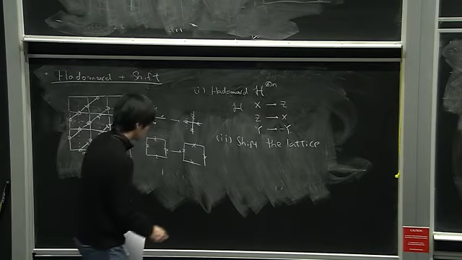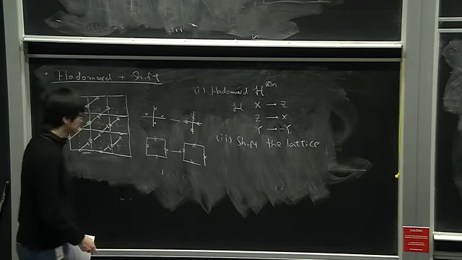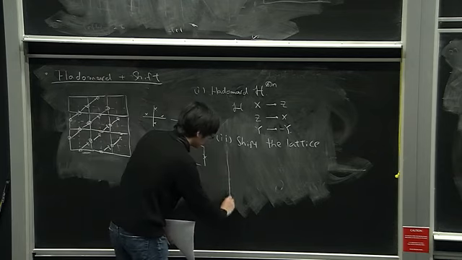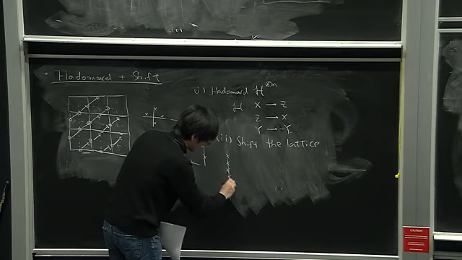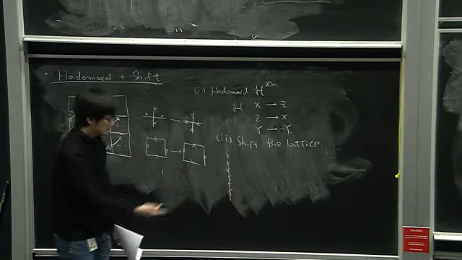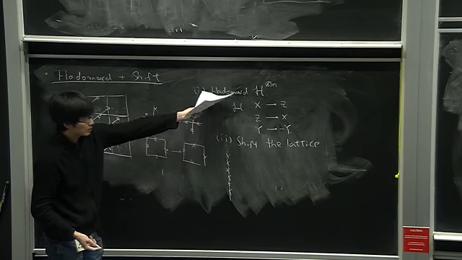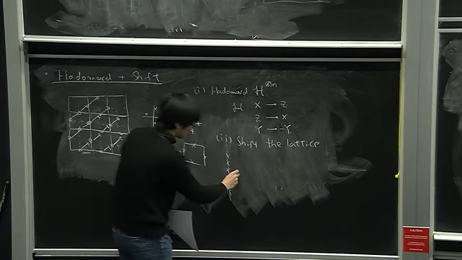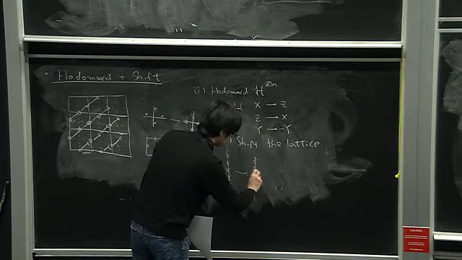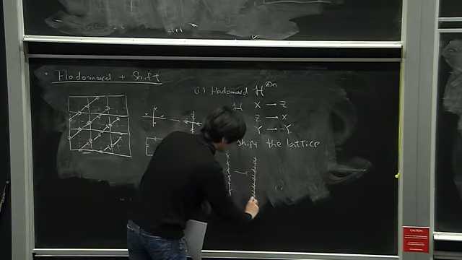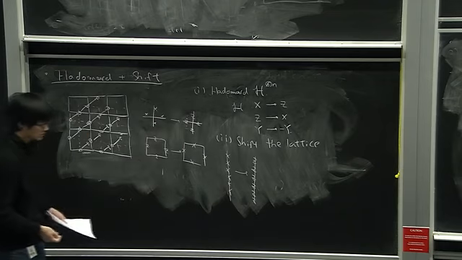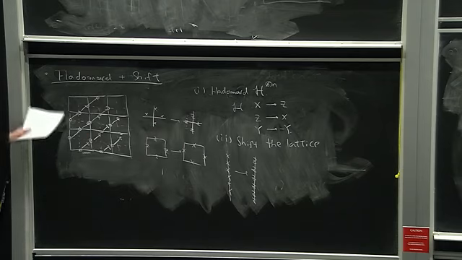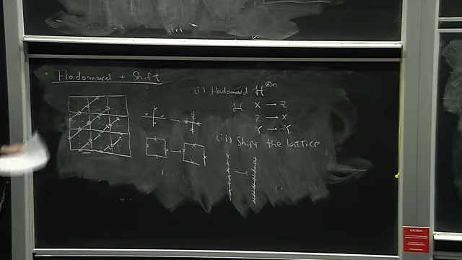But there is a non-trivial logical action because if you originally had the X string, the vertical string, and you implement the Hadamard shift, it becomes a Z string. So it must have some non-trivial action. So by using this Hadamard shift operation, you can actually do a little bit more than X, Y, Z operations.